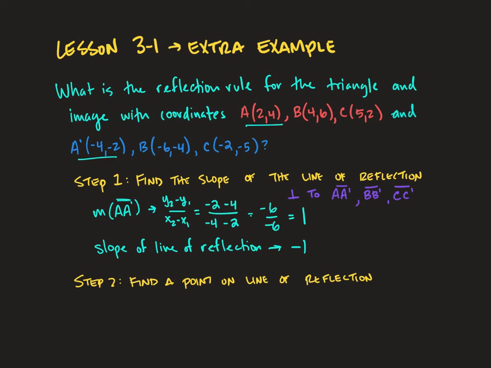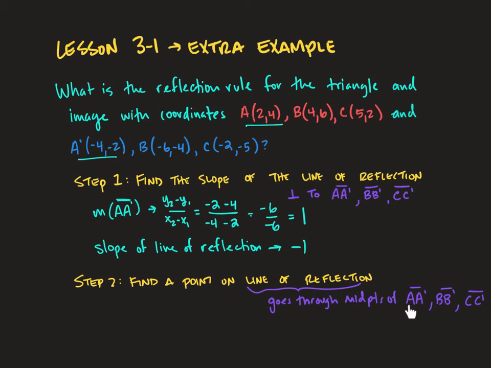And what I need to remember is the line of reflection, this guy, goes through all the midpoints of the segments connecting the vertices to their image. So it goes through the midpoints of AA prime, of BB prime, and of CC prime. So if I find any of these midpoints, that would be a point that's on the line of reflection.